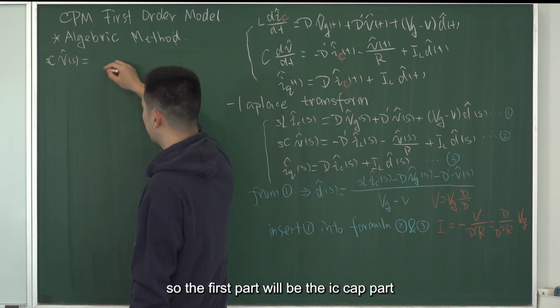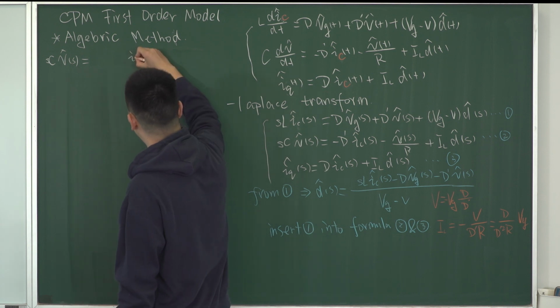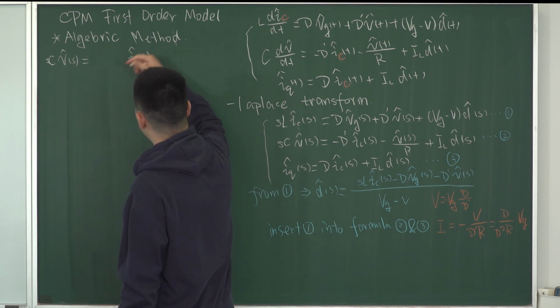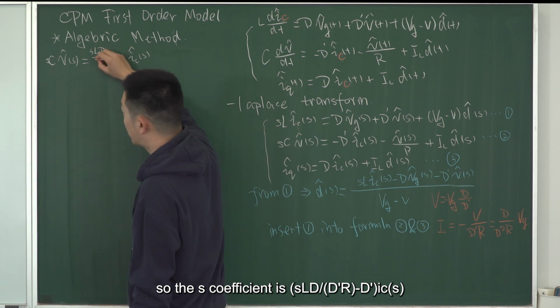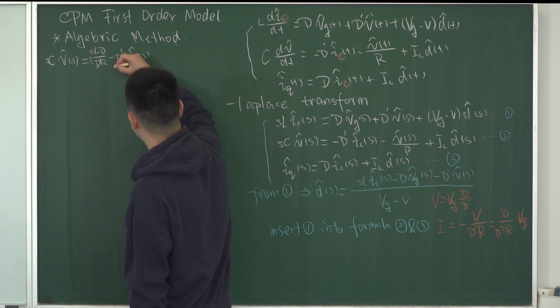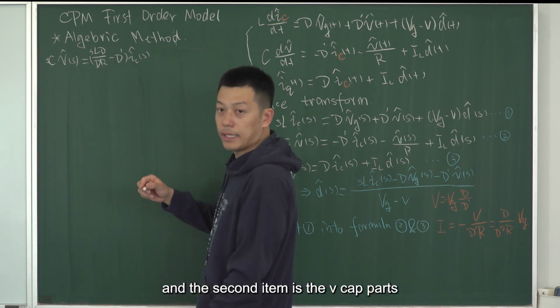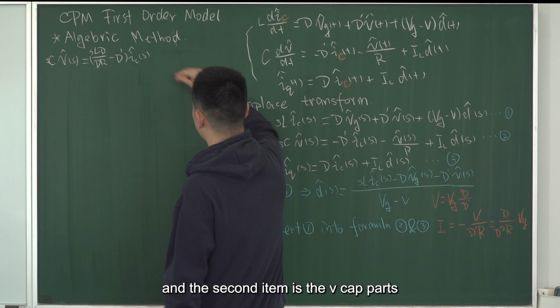So the first part will be the IC cap part. Its coefficient is SLD over D prime R minus D prime. And the second item is the V cap part.